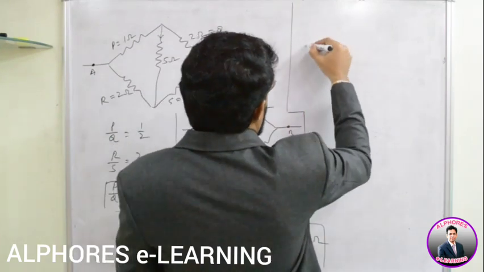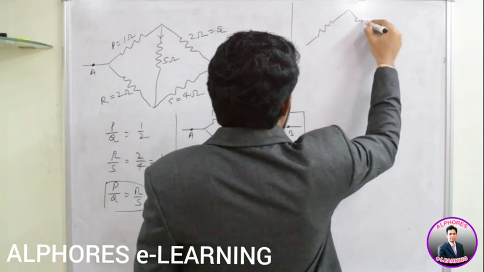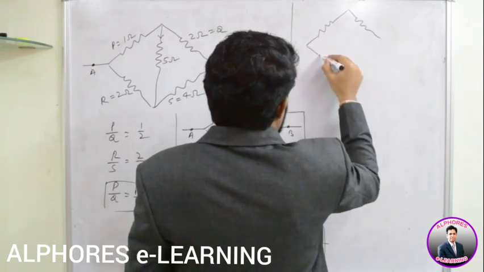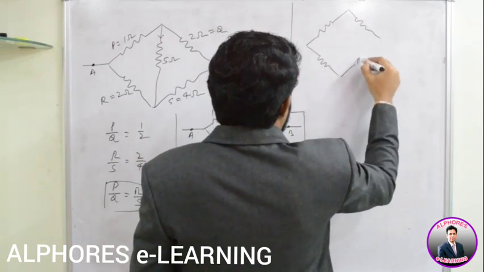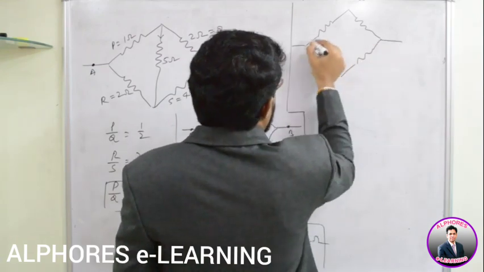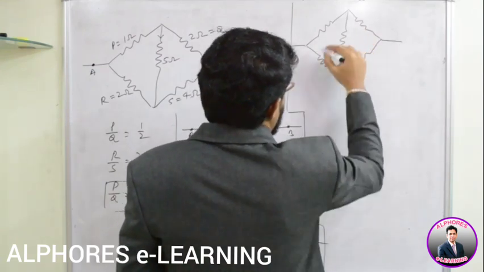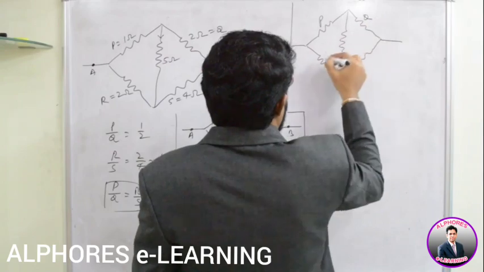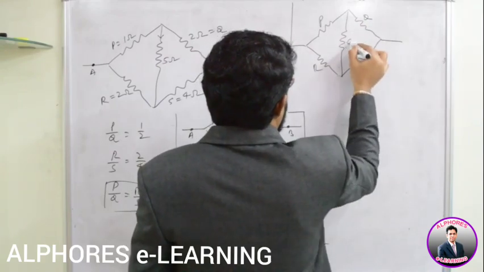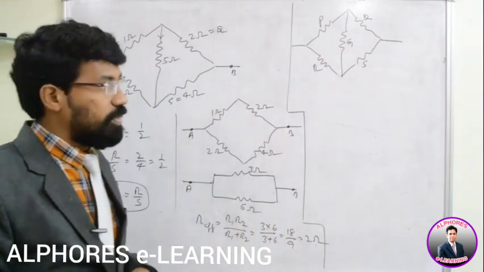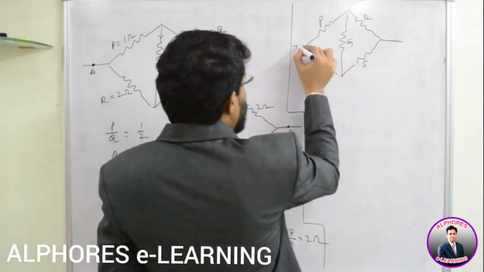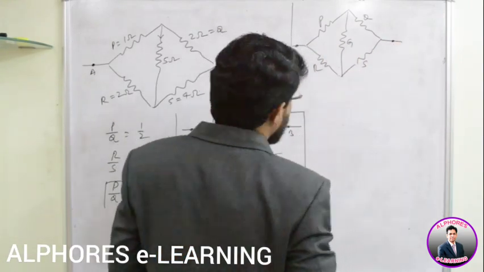For example, I'll start with the general picture of Wheatstone's bridge principle. This is how you see the P, Q, R, S. Let us take it as G. Okay. So this is what a Wheatstone's bridge diagram is.